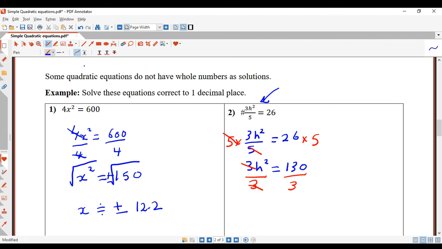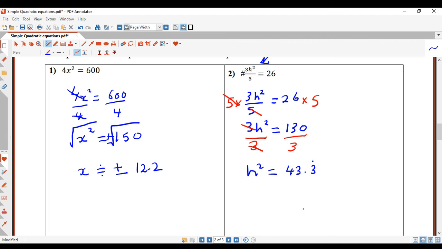That's going to give you h squared is equal to 43.3 recurring. Right, so the next step is to square root both sides.